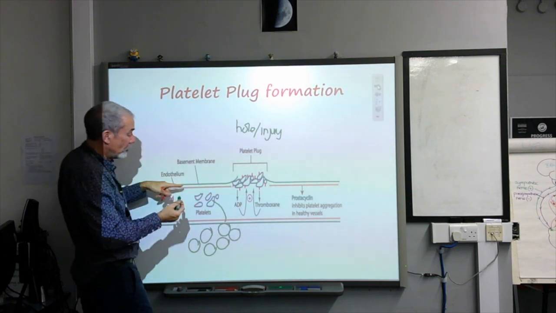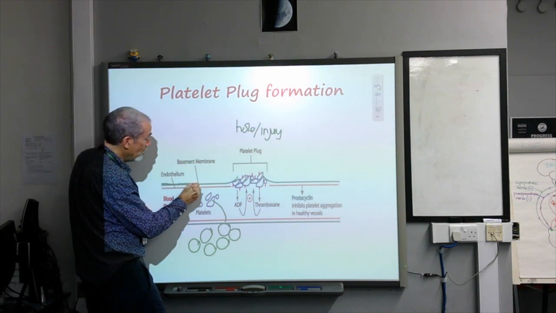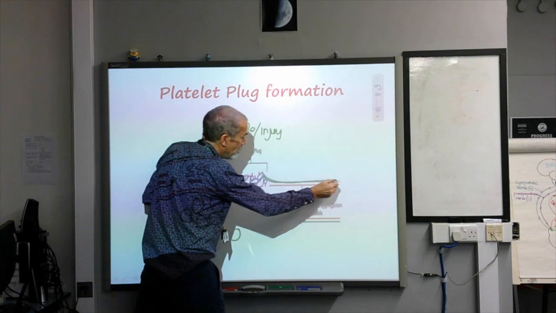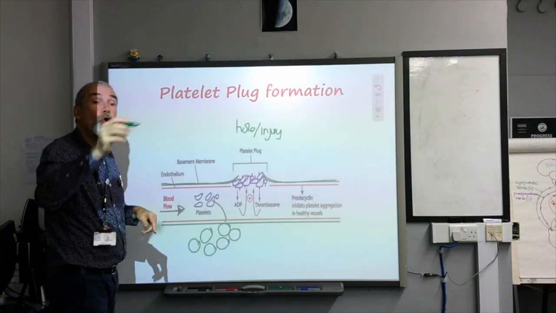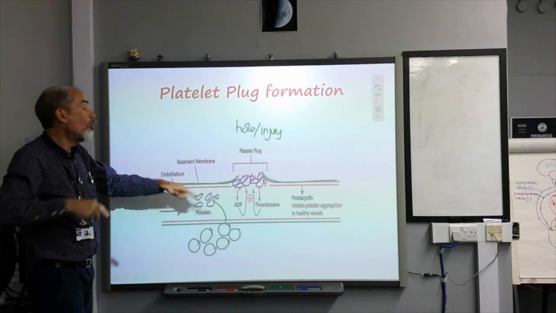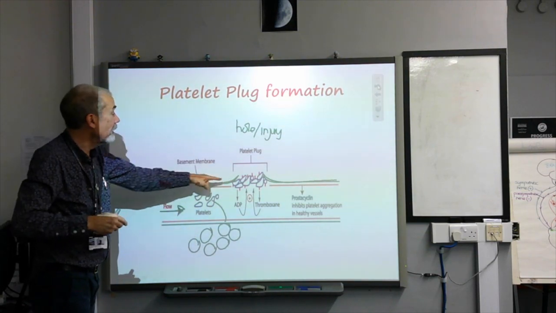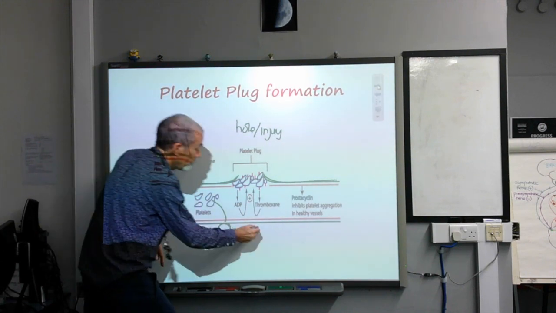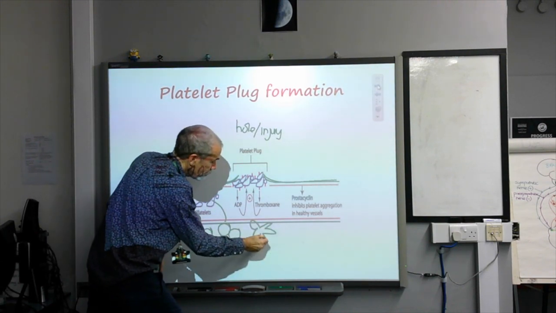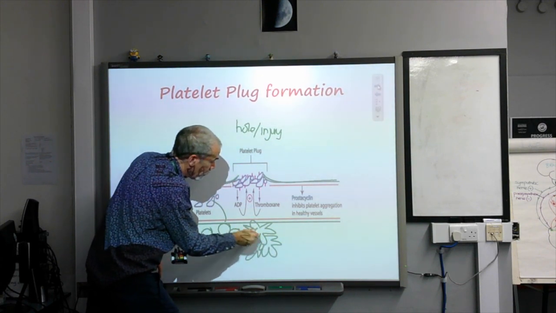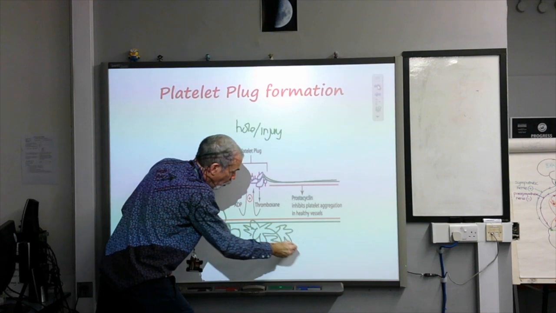What we also can see here is this basement membrane. Can you see it here in green? This basement membrane is never normally seen by these platelets. When they see or come into contact with that basement membrane, that's when they change from this lovely smooth shape to this kind of shape, like wild onion barges, okay, all over the place.